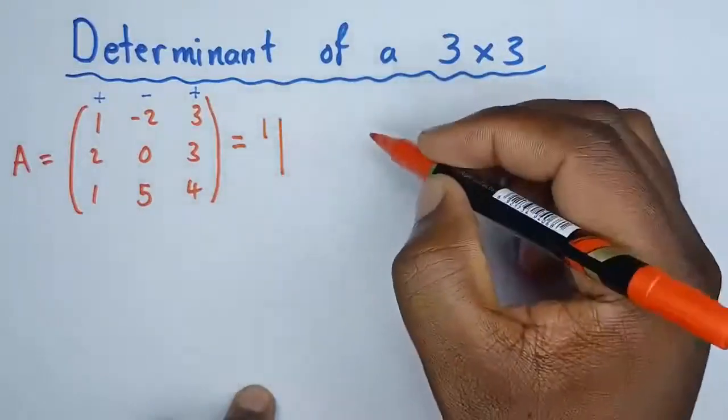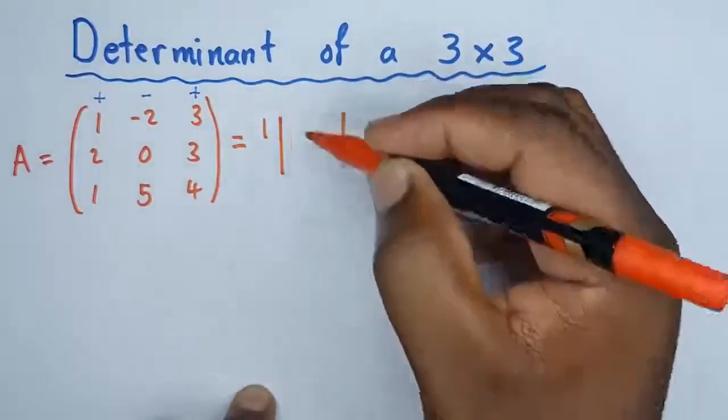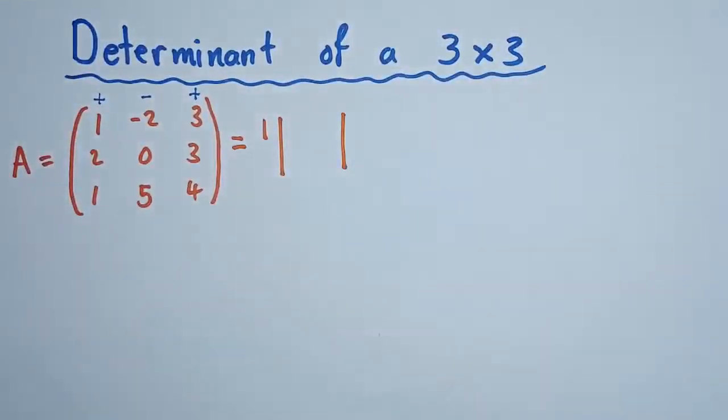After getting that 1, we need to form a 2 by 2 matrix. Now, how do we form that 2 by 2 matrix? If you look at that 1 that we have right here, we are going to get everything except the row in which 1 is in and the column in which 1 is in.